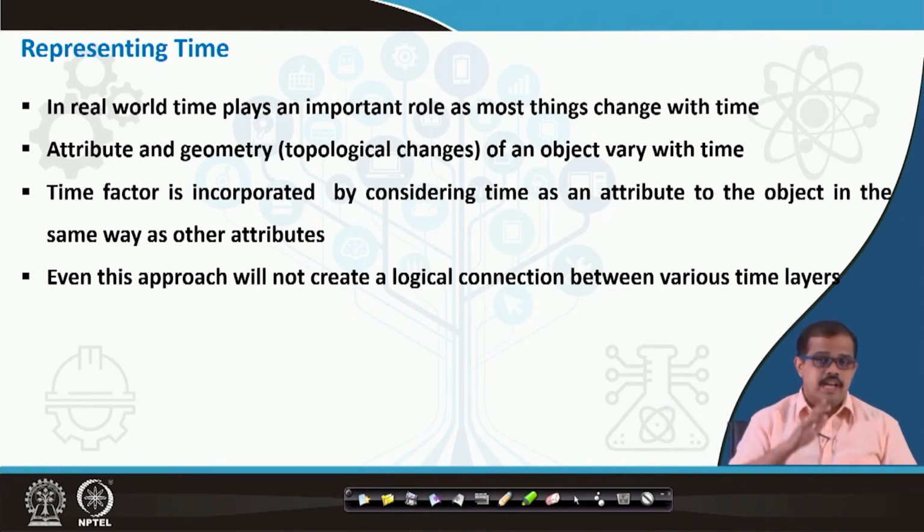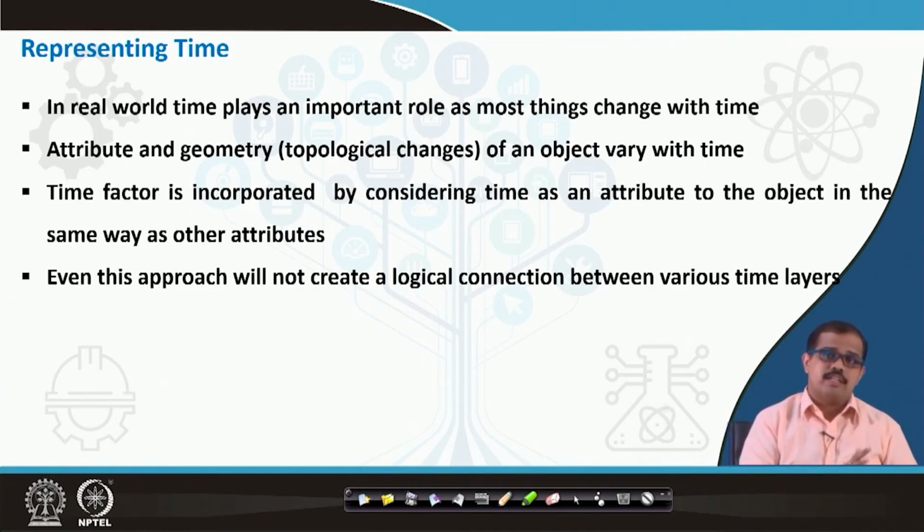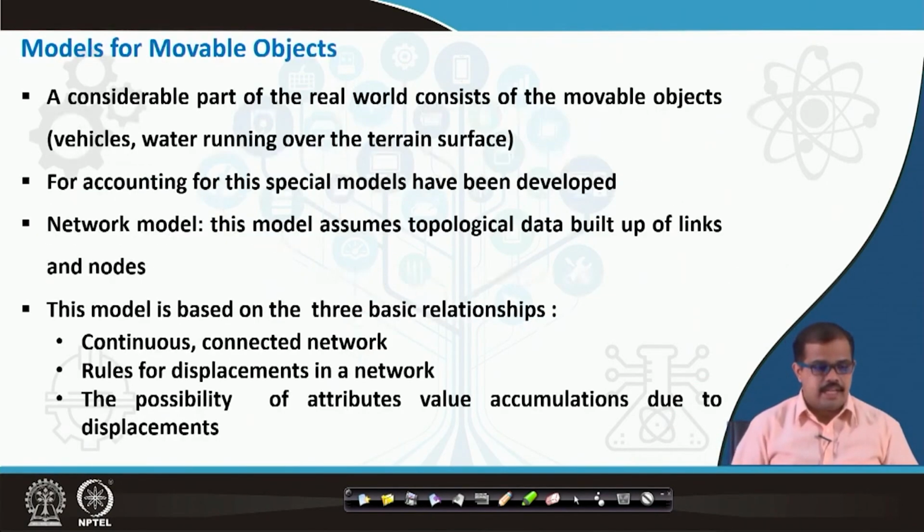It only says that from this particular time to this particular time, this has evolved. Such evolution gives meaningful information to anyone looking at how the real world has changed from one year to the other. That is how we start looking at representing time.